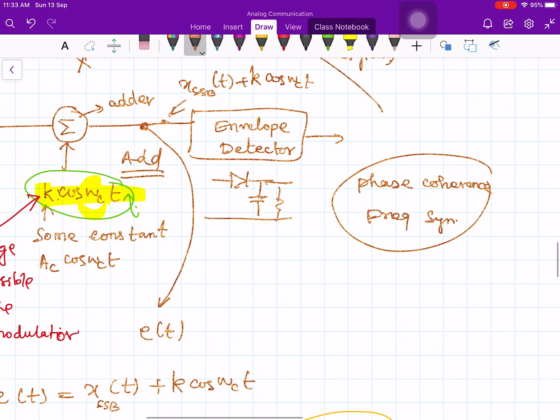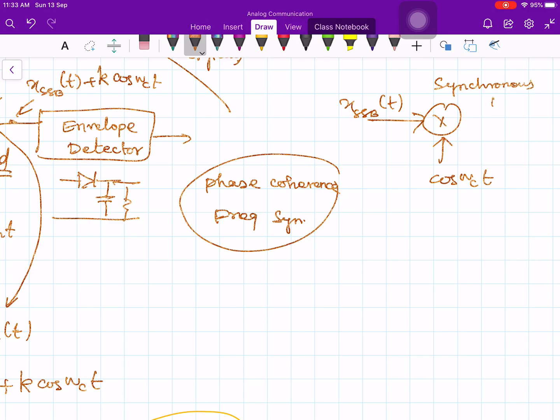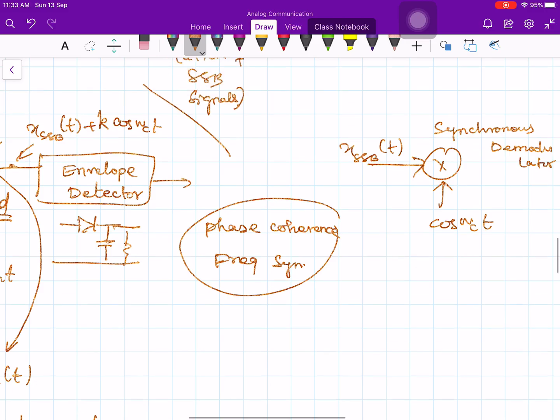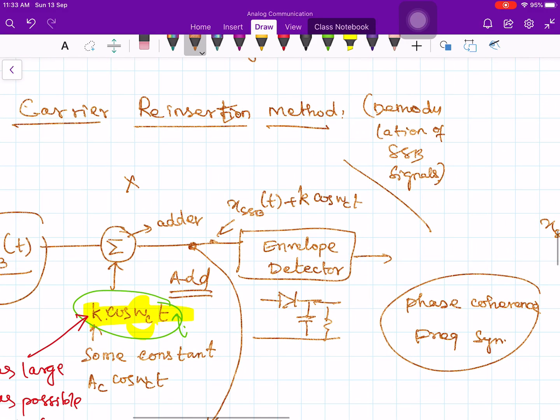In the first method, if you recall, your local carrier cos omega c t is multiplied by the incoming single sideband modulated signal. This is your synchronous demodulator. But in the carrier reinsertion demodulator, you are not multiplying, you are simply adding.